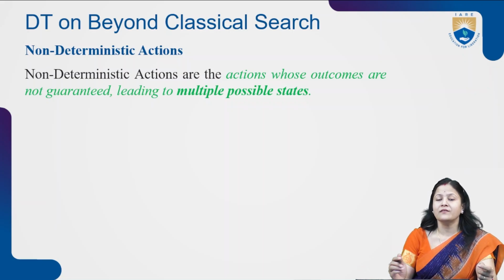For example, take a robot that will move from point A to point B. While moving from A to B, either it may reach B, that is the final goal, or while moving it moves up to half of the way, then a wheel is broken and it gets stuck here.